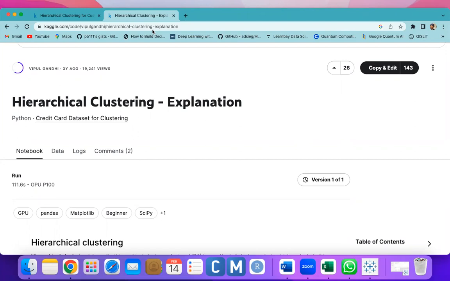From tomorrow's session I will explain deep learning, I mean artificial intelligence concepts: how deep learning works, what forward propagation and backward propagation are, what steps are involved, and how backward propagation works.